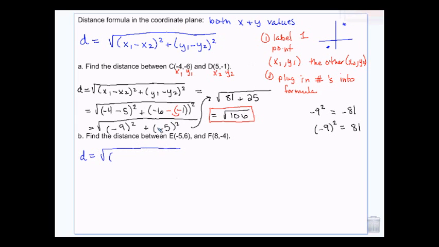Until you get comfortable and have the formula well in hand, I recommend you always just rewrite it, just until you're comfortable with it. And until you're comfortable with it, I recommend always labeling these x1, y1, x2, y2, just to keep it straight.